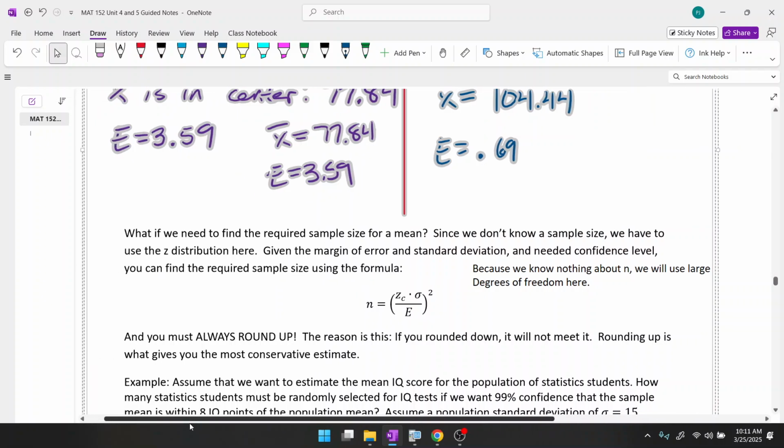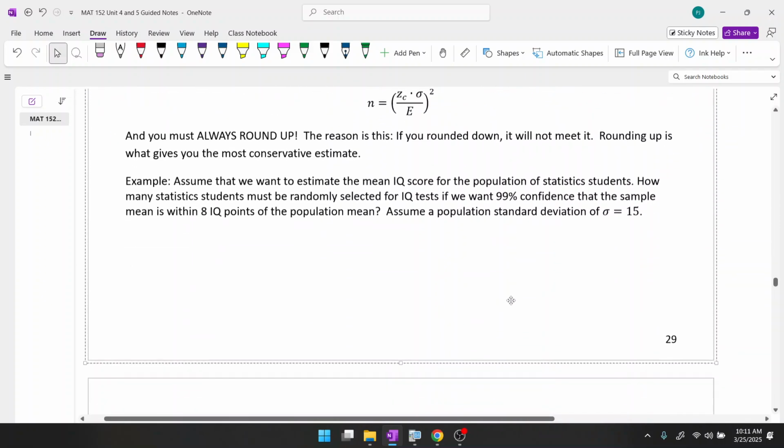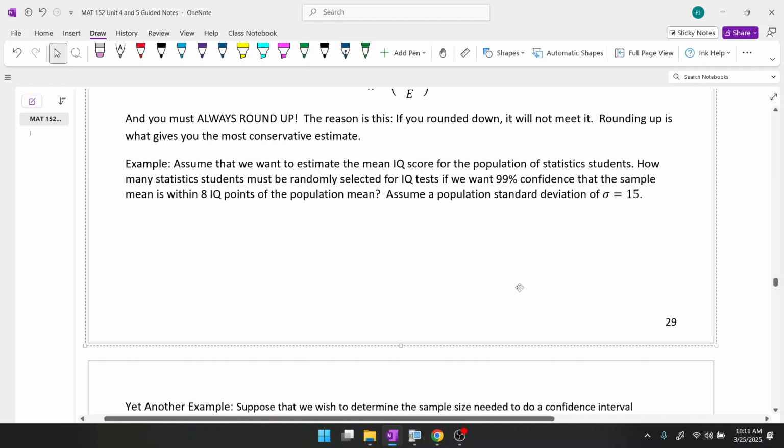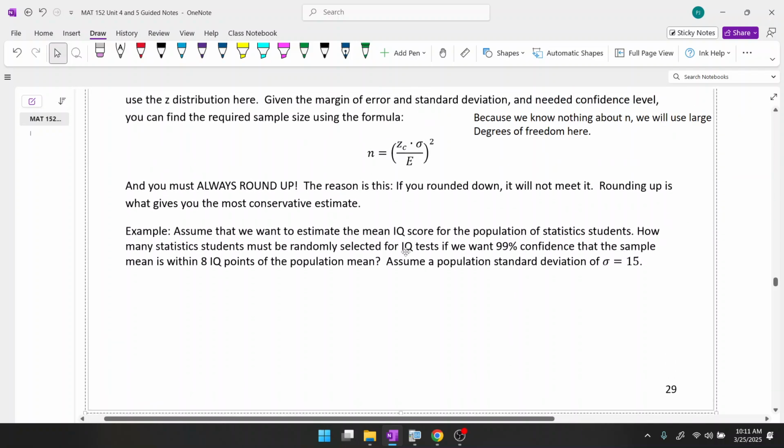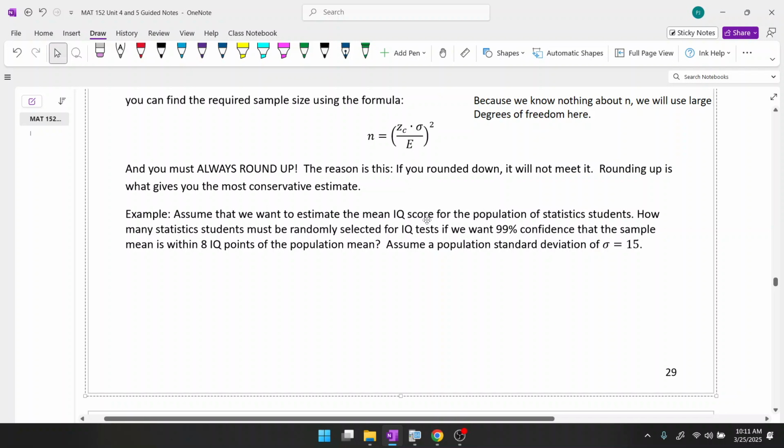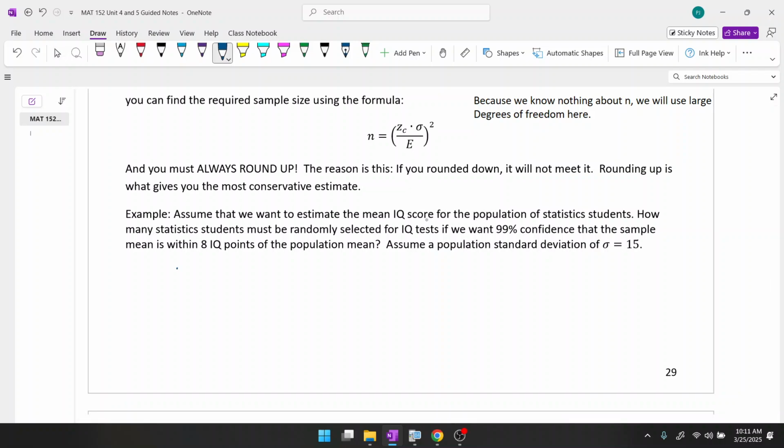And you always have to round up. In other words, if you round down, it's not going to be enough. So what I mean by rounding up, we'll see here.